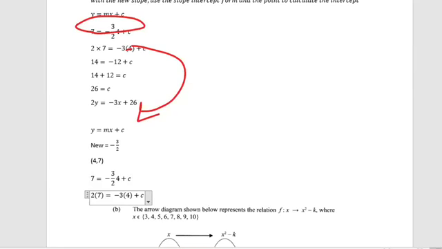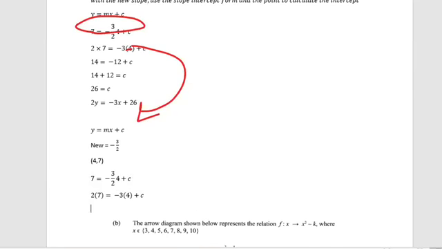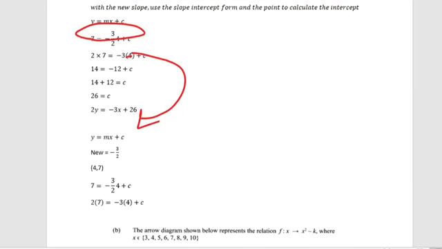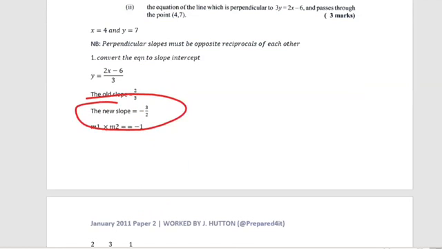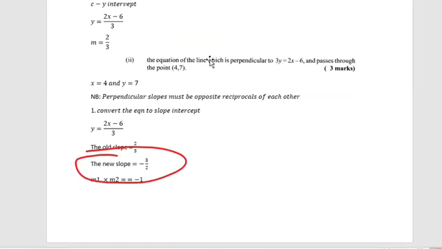One question. How did you get the 7? Remember, the question stated that the new perpendicular line we're drawing passes through the point 4 and 7. Let me go back up. So this is the question: the equation of the line which is perpendicular to this passes through the point 4 and 7.